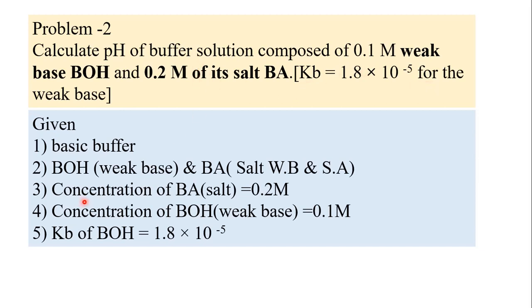So it is a basic buffer. Concentration of salt is 0.2 molar, and concentration of weak base is 0.1 molar. Kb of BOH, that is weak base, is 1.8 into 10 raised to minus 5.